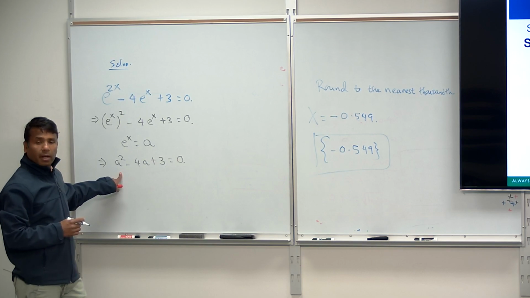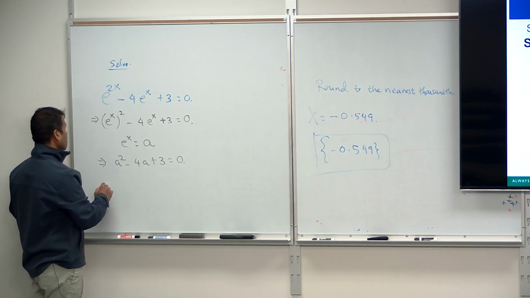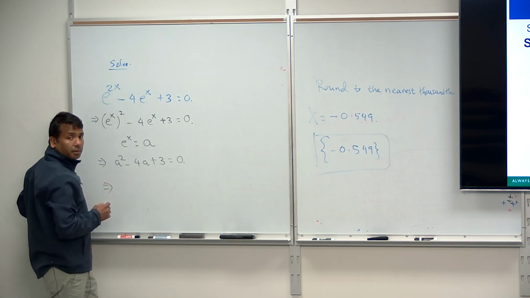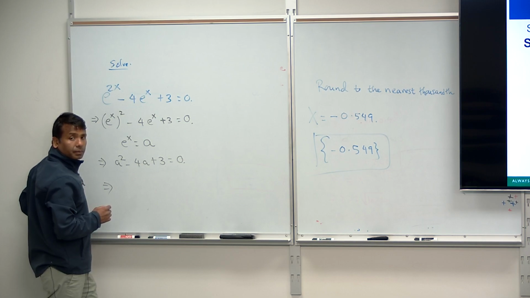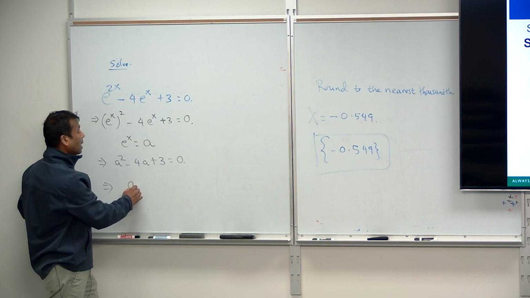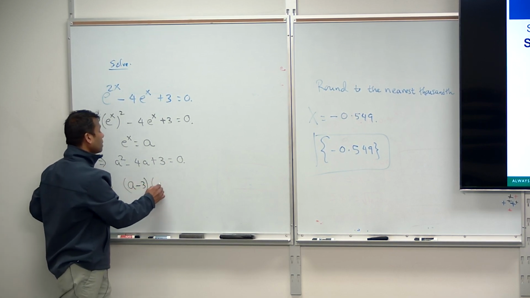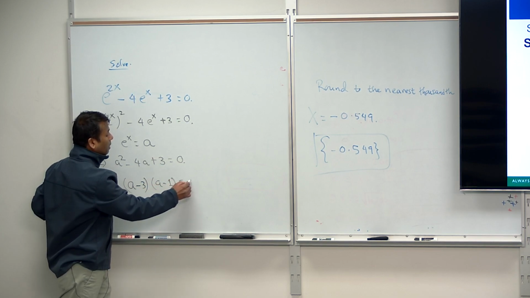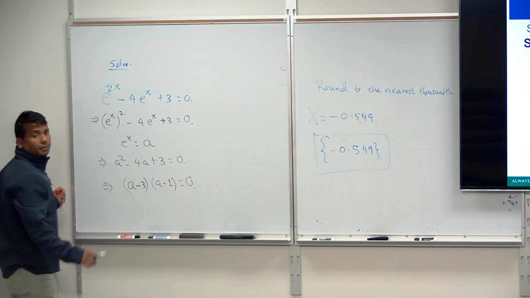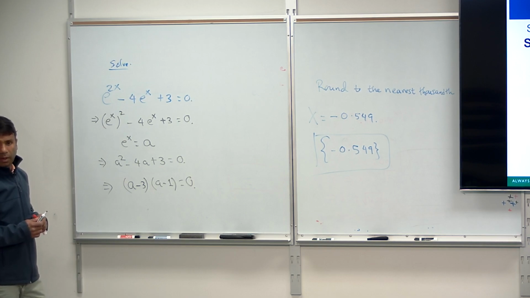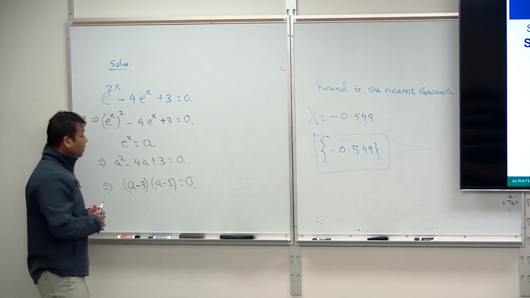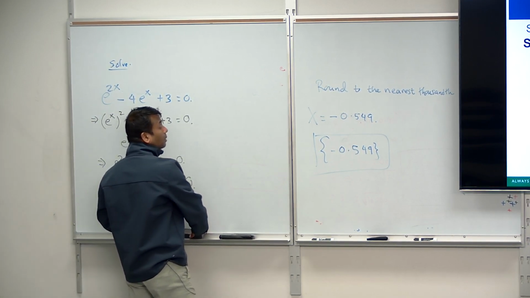Now this is a quadratic equation. Right? So how do you factor? What are the factors of this quadratic equation? a minus 3 times a minus 1 equal to 0. And use the zero product property, okay?